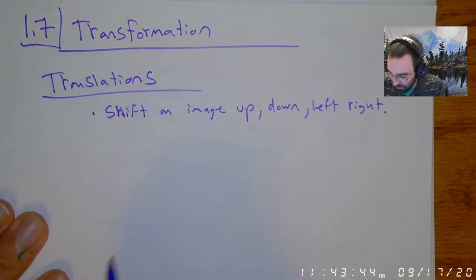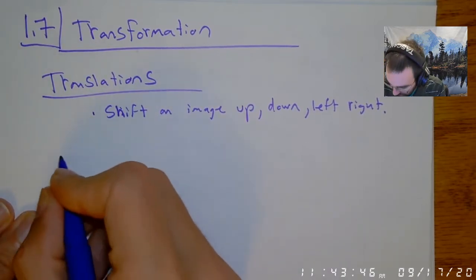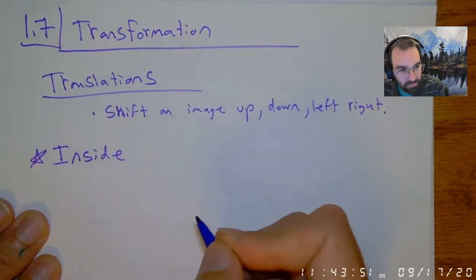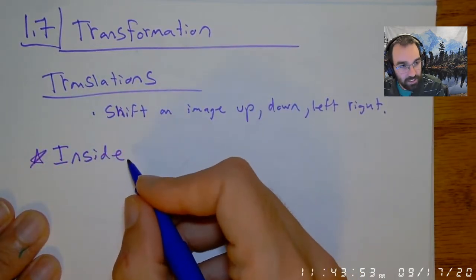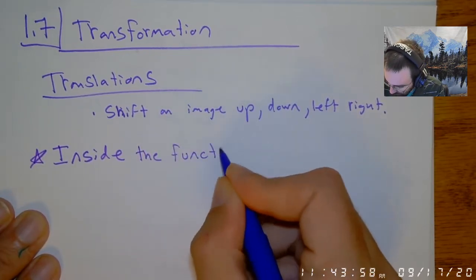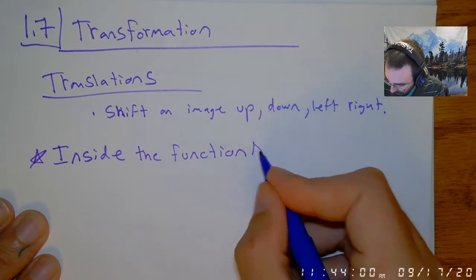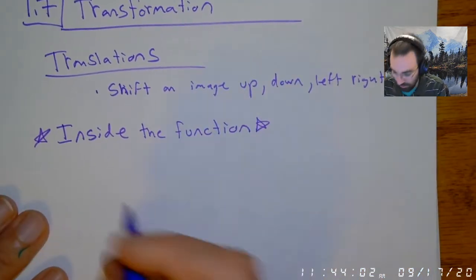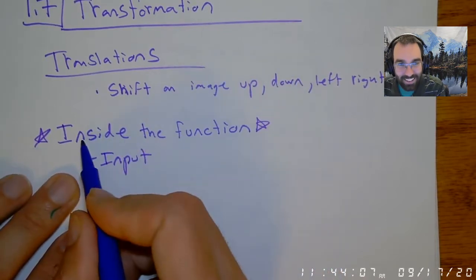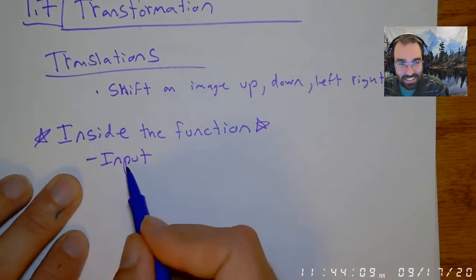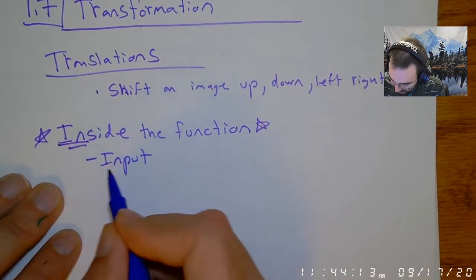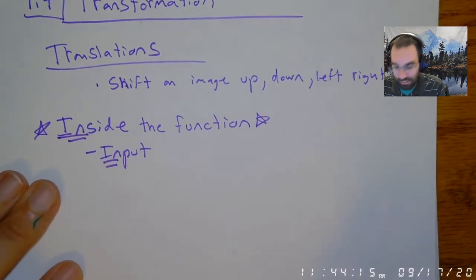All right. So things you just need to know. Inside the function. When I say the function, I'm talking about the parent function. Inside is the input. Inside, input, inside, input. So the inside is the input.